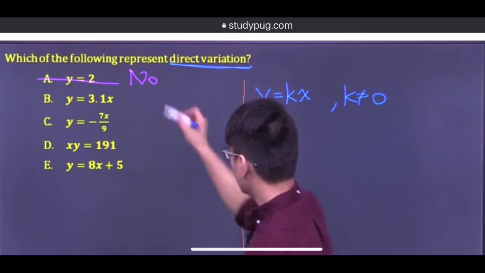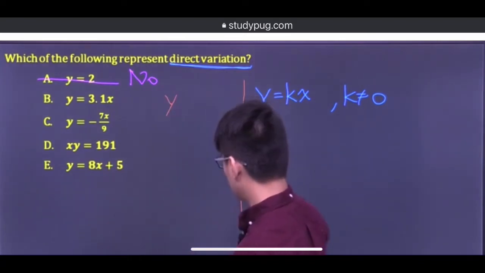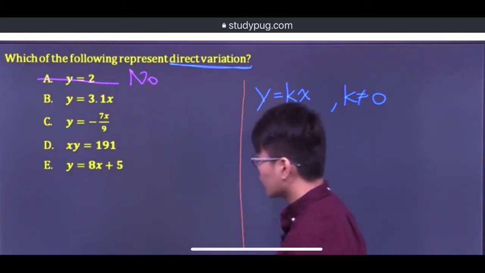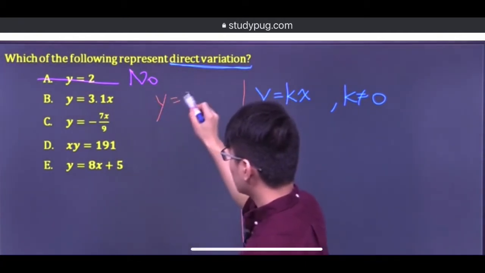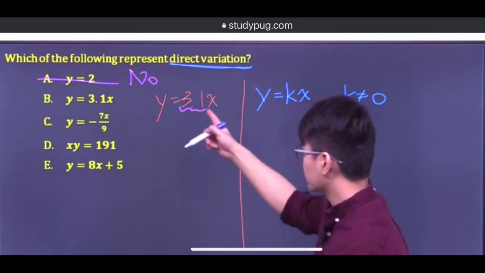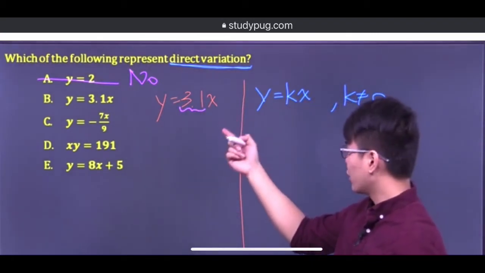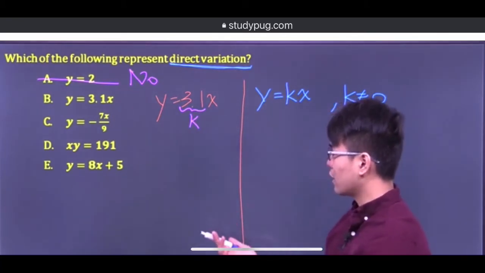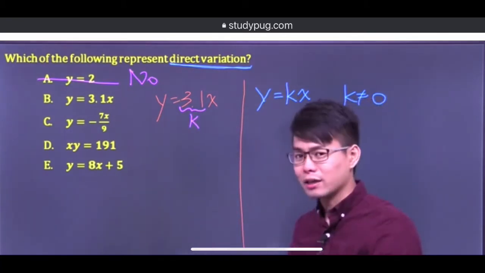Let's take a look at this equation here. y equals 3.1x. We have a constant multiplied to our x here, so 3.1 is actually a k. But is k 0?